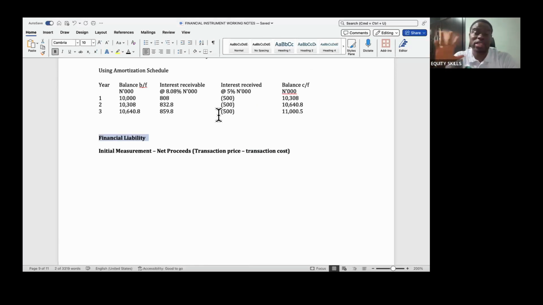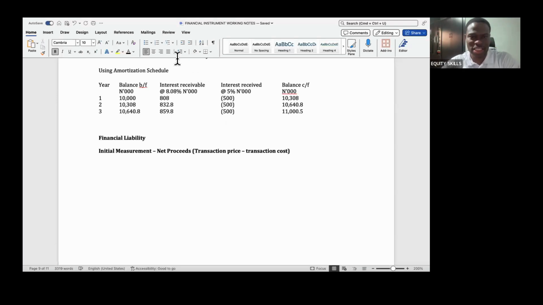The practical example is you go to borrow money in the bank. The bank will definitely charge you management fees. So if you are borrowing 100 million, they charge you management fees and just hand over the net to you. And you're still going to pay back the 100 million. So what you recognize in your books is the net proceeds, not the gross amount of the borrowing.